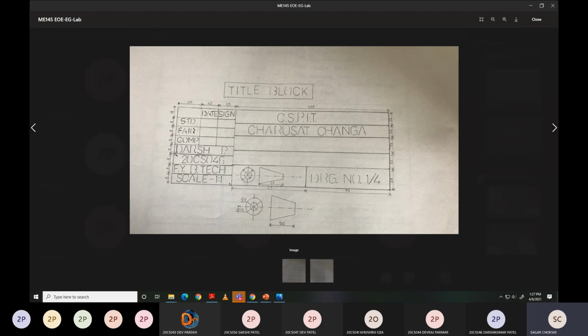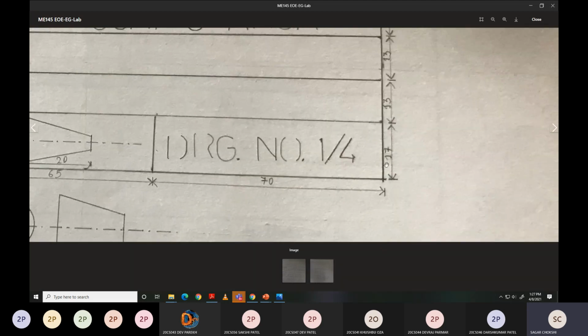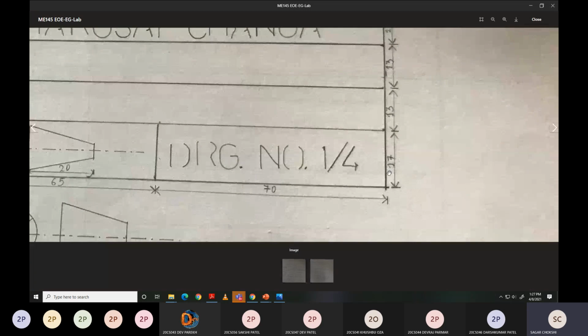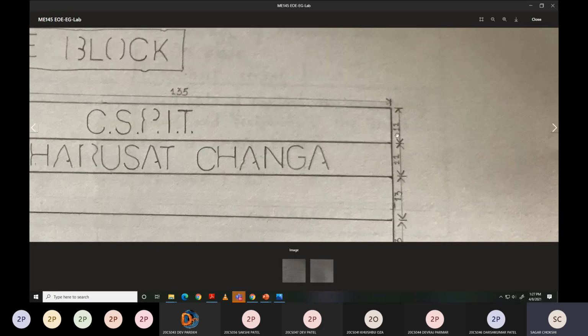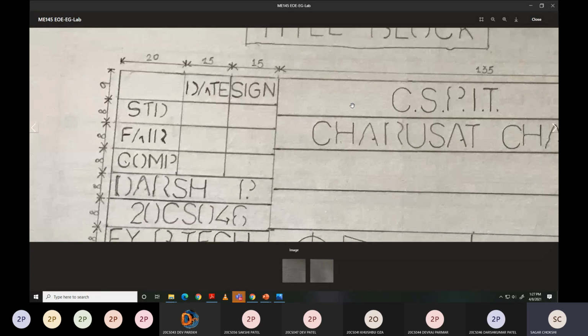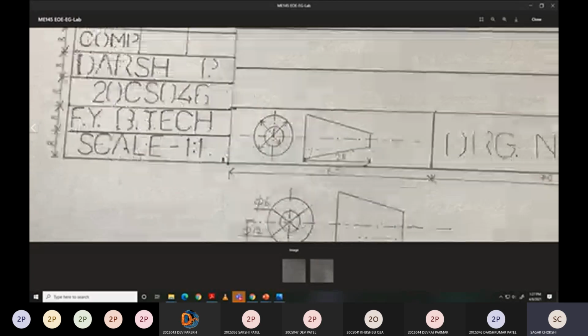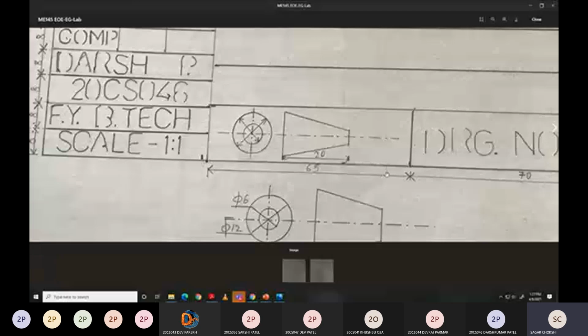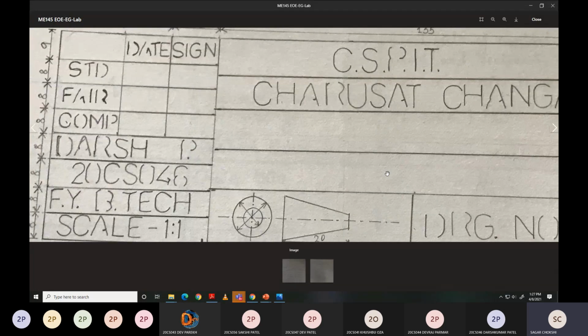Here the gap between the object and dimension line is 10 on the right side. Even at the top the gap is 5, so it is correct. But check the gap at the bottom side, where we need a gap of 10.